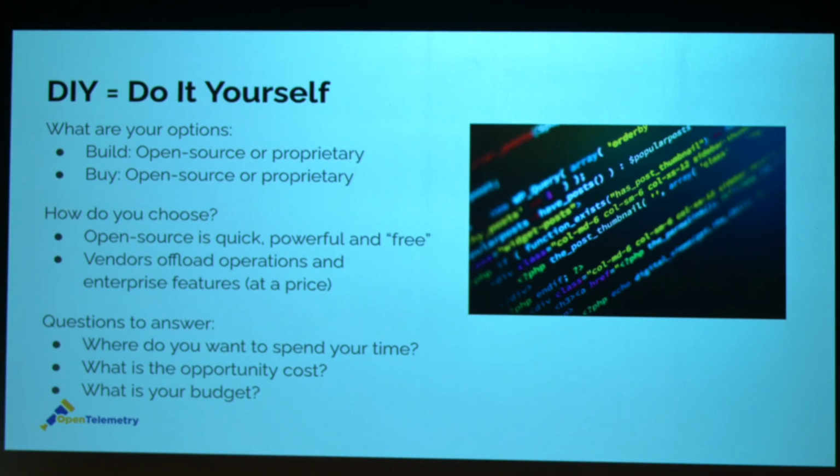Which one do you choose? Well, open source is quick, free, and easy to get started. Sometimes it becomes more complicated because it's a black box that you may not know how to operate or run at scale, or maybe you need to hire a team to run it long term. Vendors offload two aspects. One would be the operation aspects. Sometimes they also offer enterprise features.